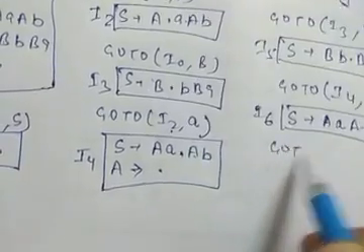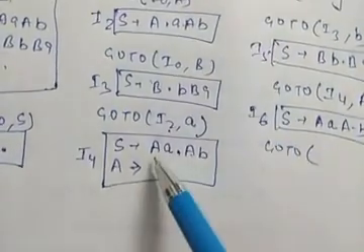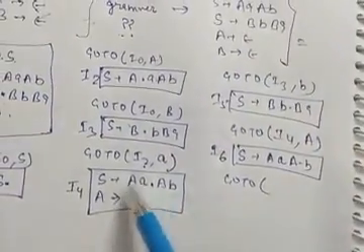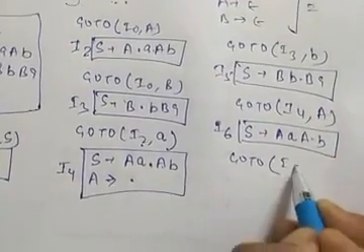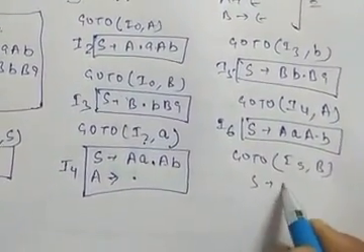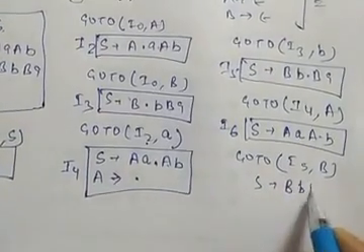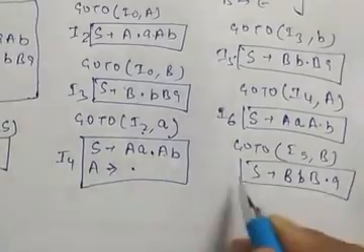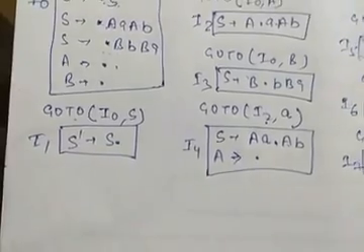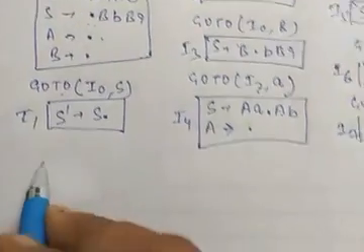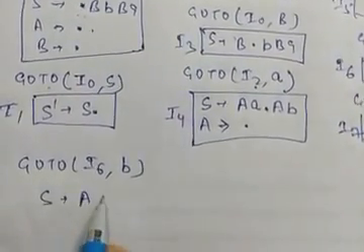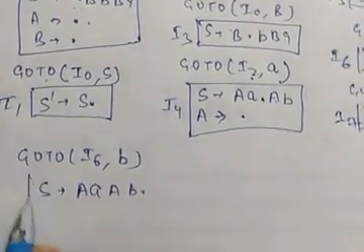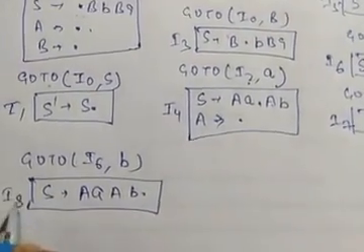I4 we have done. Then I5 of B, so it will become B B dot A, and it will be your seventh item. Now the element left is I6, so we will find goto I6 of B, and it will be S to A A B dot, and it will become your eighth item.